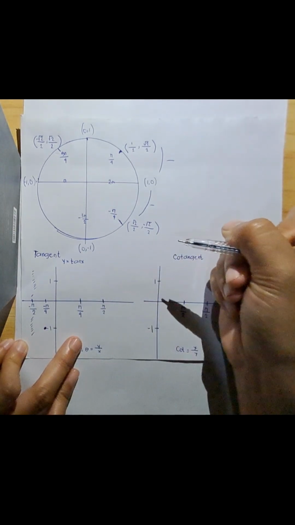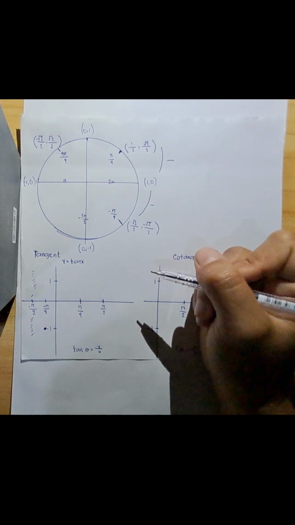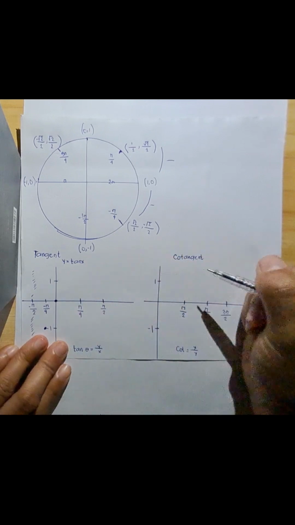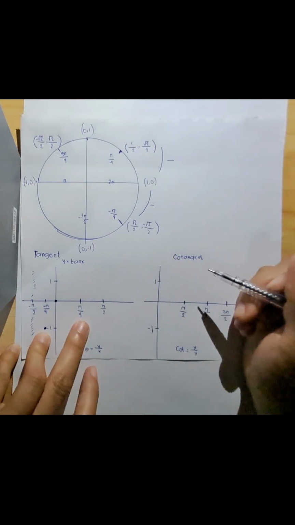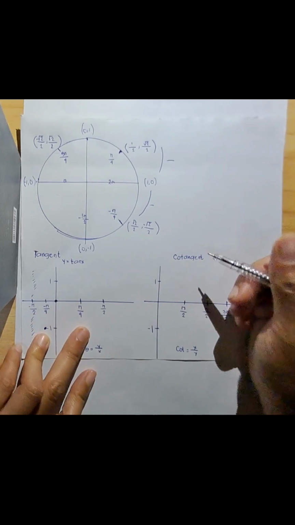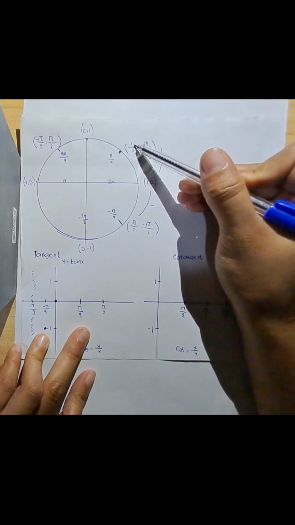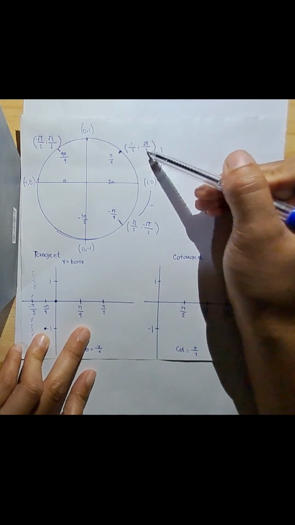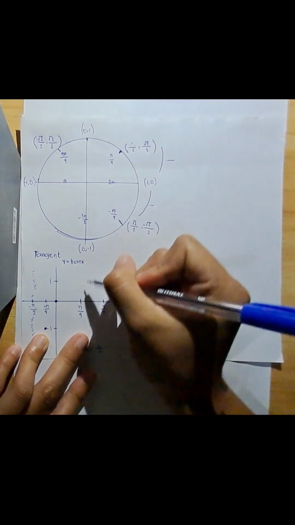And then again at pi over 4, we have square root of 2 over 2 divided by square root of 2 over 2, which is positive 1.